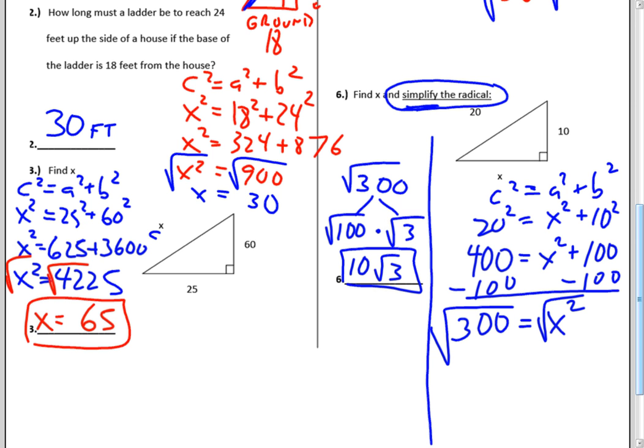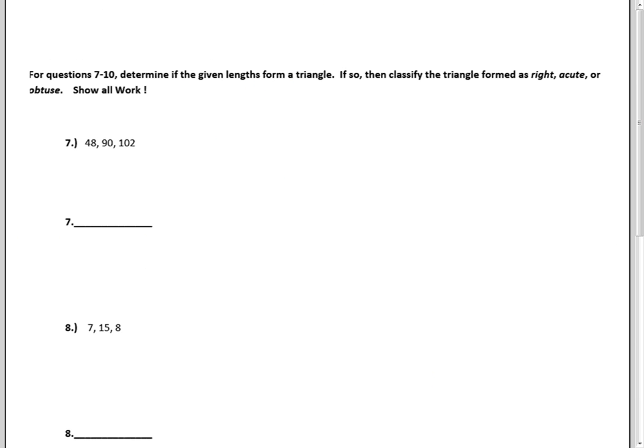Page 2. You should have had 2 steps. Is it a triangle? That's step 1. Step 2, classify. And we're choosing from right, acute, or obtuse.